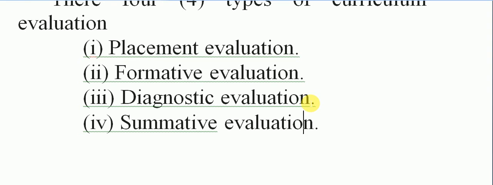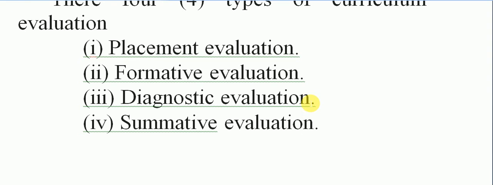Placement evaluation means if we visited an Anganwadi, then on the spot we take the student and evaluate the student: see which grade is present in this child, see if the child is dehydrated or not, see if anemic or not. It is the placement evaluation. Formative evaluation is by question and answer, by test, by MCQ.